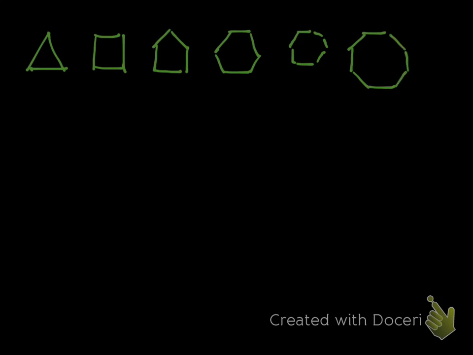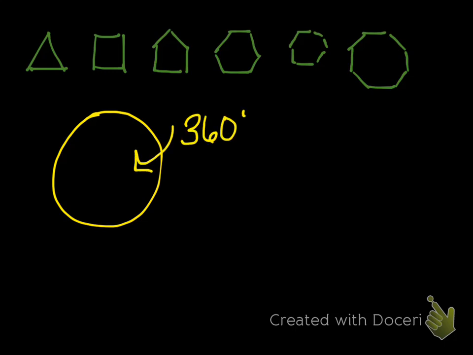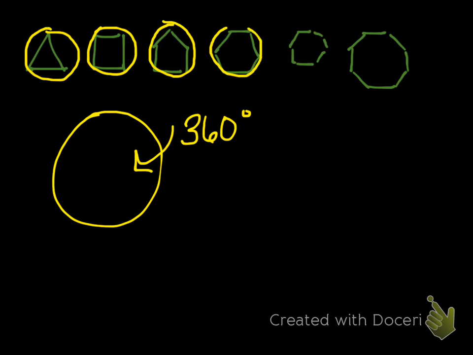Okay, even in my bad drawings, it starts to look like a circle. And we know that a circle is 360 degrees. So that means that the distance around here is 360. Okay, so the sum of all of your exterior angles is always going to be 360. So just think about the more sides it has, the closer it gets to being a circle.